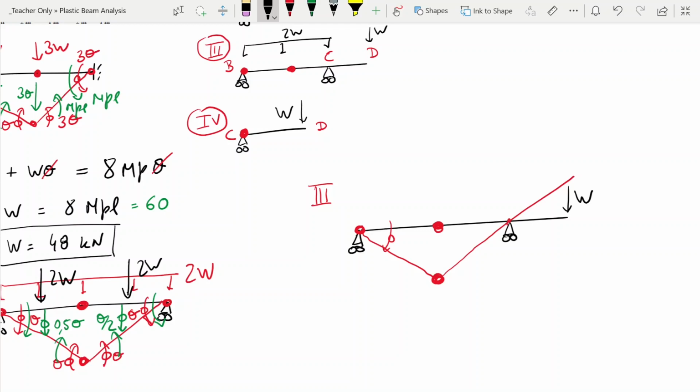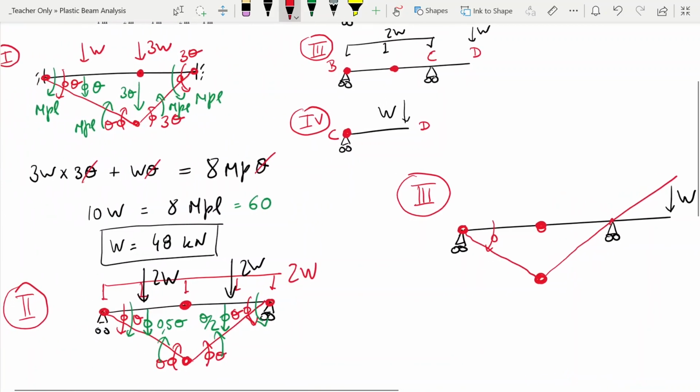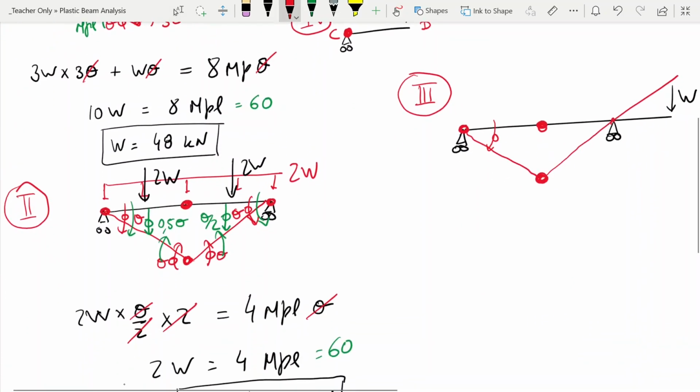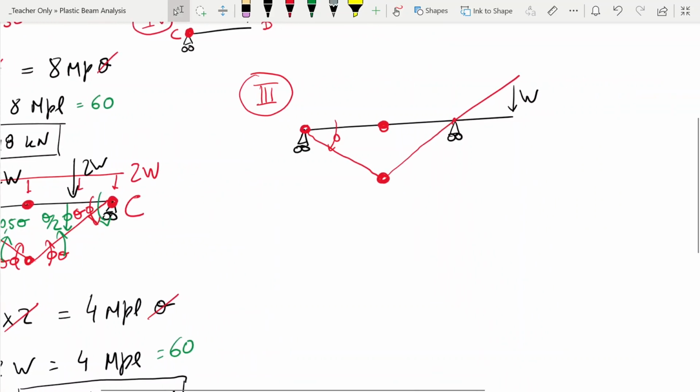Now, what's the difference between number 2 and number 3? The difference is the hinge at C. So if you think about the second one, it has a hinge here at C, while this one doesn't have a hinge at C. And that's why the beam has to continue going upwards at CD.